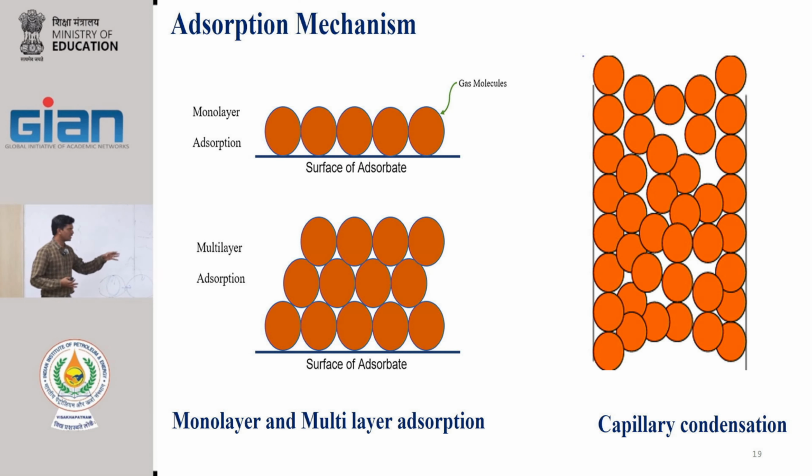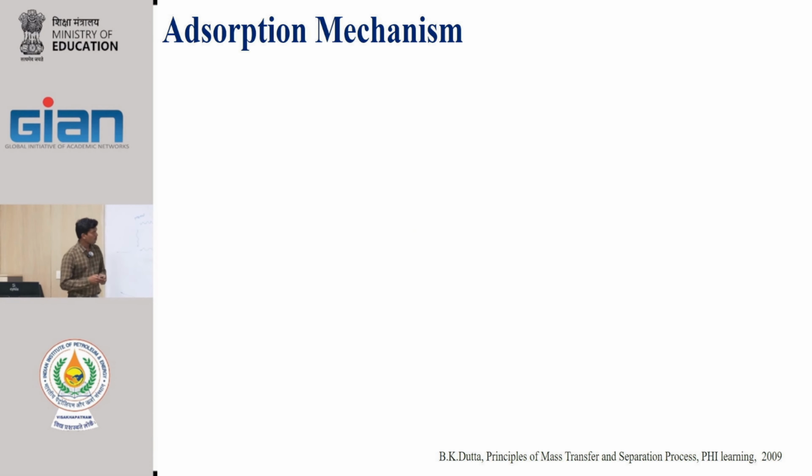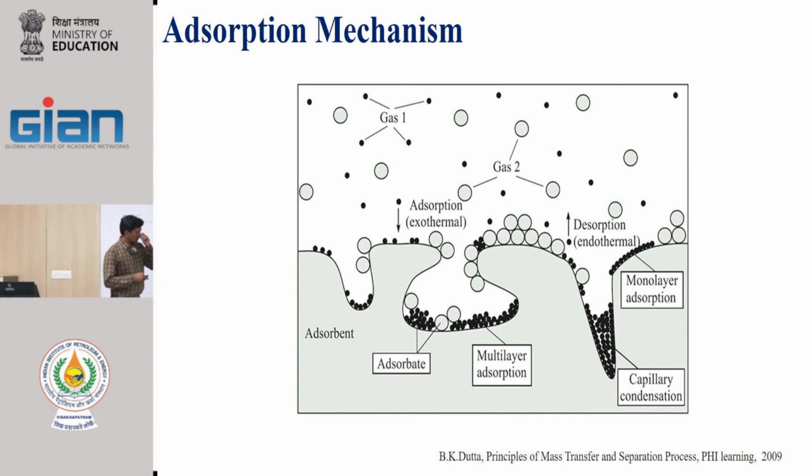That's what we discuss in the next few minutes. This is a simple slide showing a pore like this. Here you see a monolayer adsorption. Here it's a multi-layer adsorption, you can clearly see. And here you see a monolayer adsorption followed by capillary condensation.